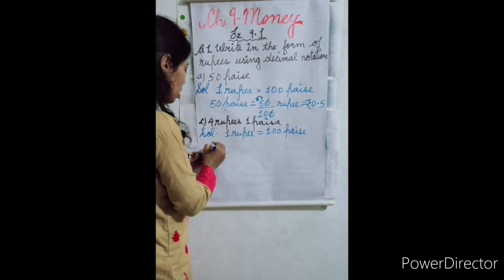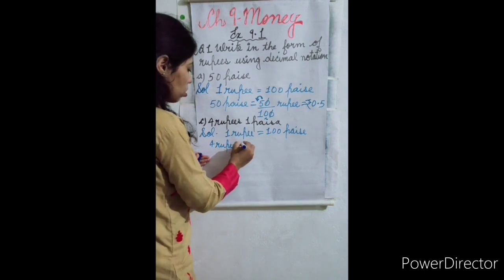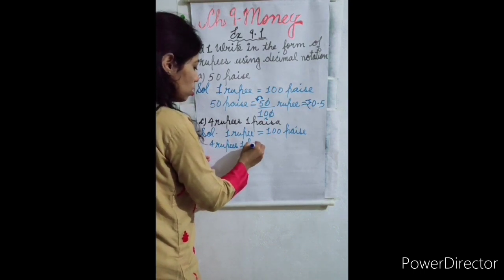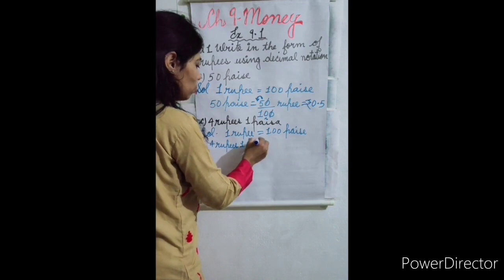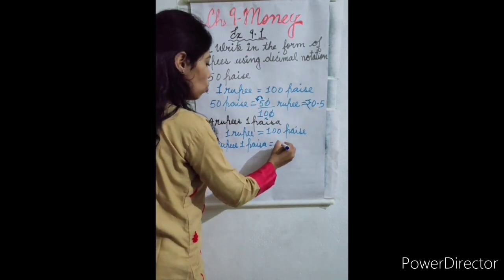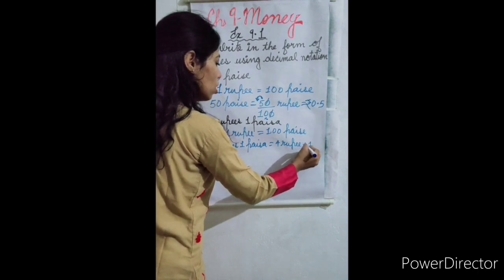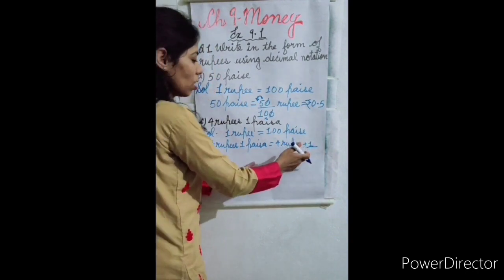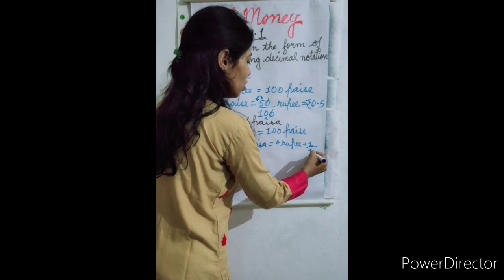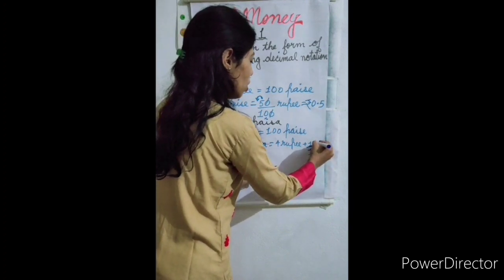Here this 4 is already in rupee, so we will convert this 1 paisa into rupee. We can write this as 4 rupee plus 1. As we have to convert this 1 paisa into rupee, we will divide it by 100 and write rupee.